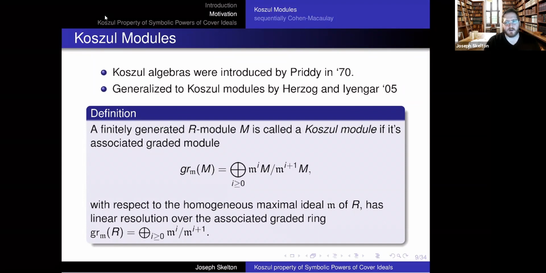Basically, it is a finitely generated R module whose associated graded module, with respect to the homogeneous maximal ideal M of R, has a linear resolution over the associated graded ring.